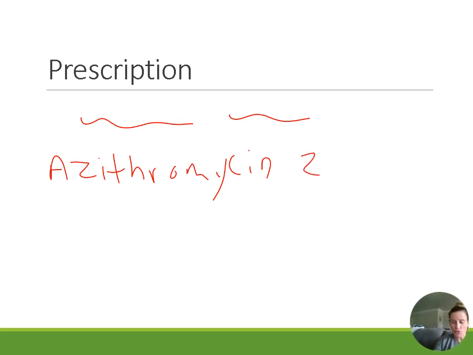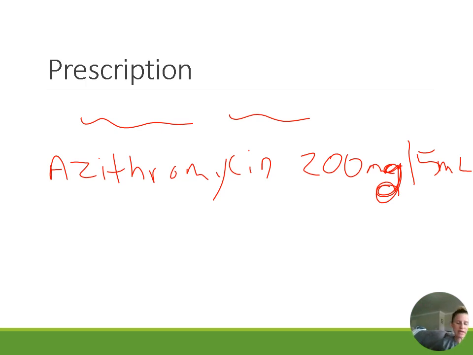The dose or the concentration is 200 milligrams per 5 mLs. How much we're going to dispense, I haven't calculated that yet, so I'm going to come back to the amount of drug we need to give him.